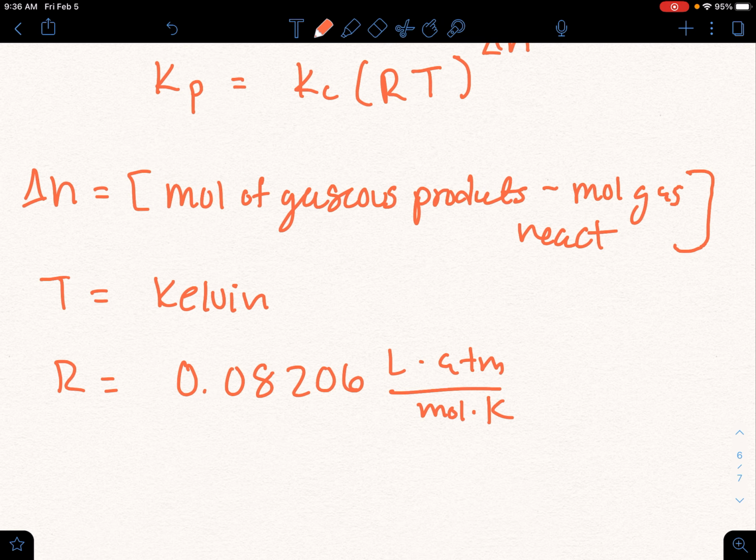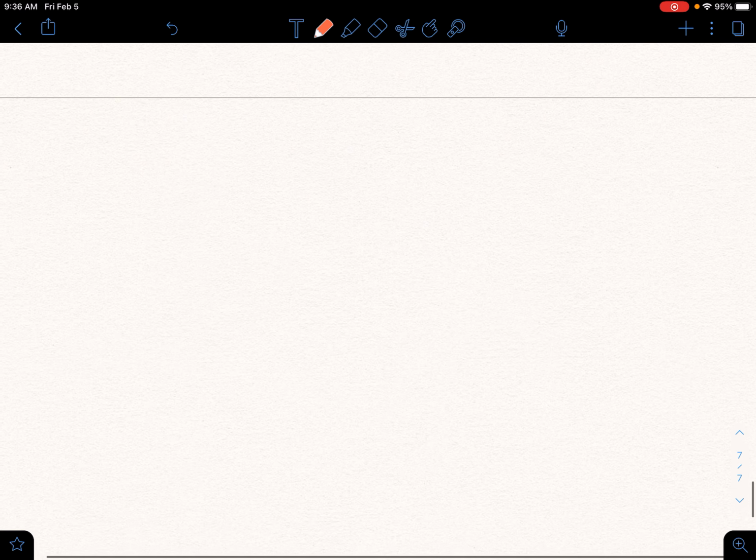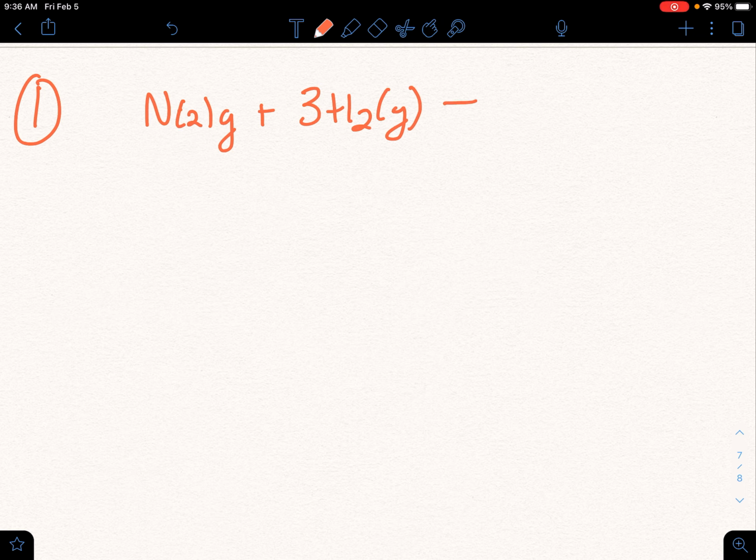Let's do just one quick problem involving this. So if we have a reaction, we have N2 gas plus 3H2 gas going to 2NH3 gas.